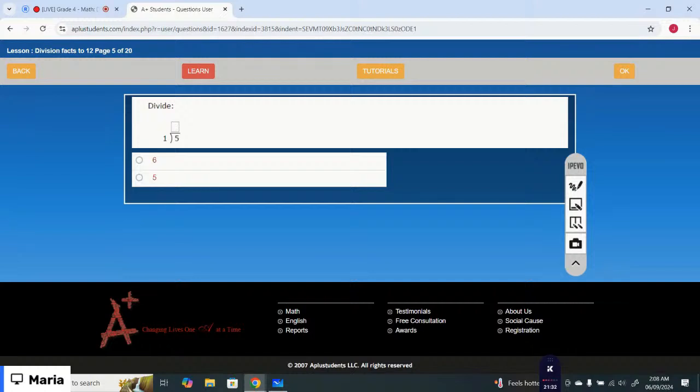The next one is 5 divided by 1, which is the correct option?